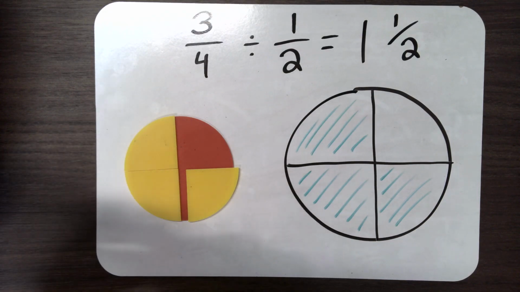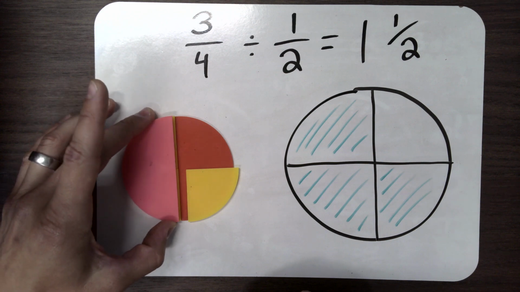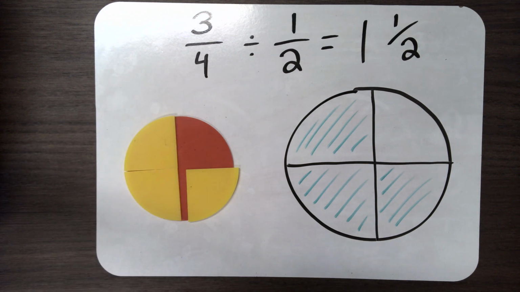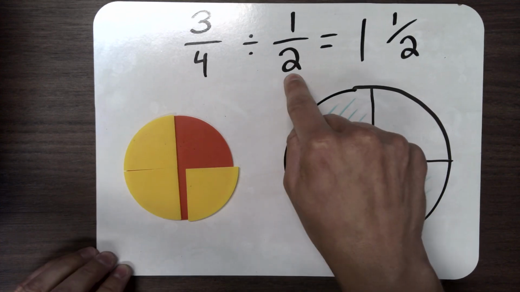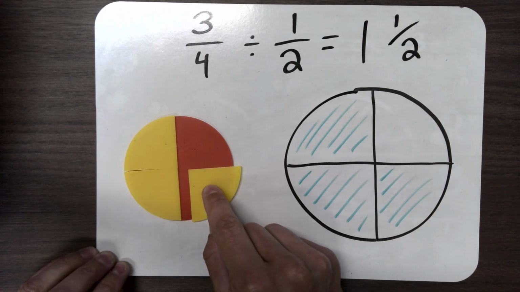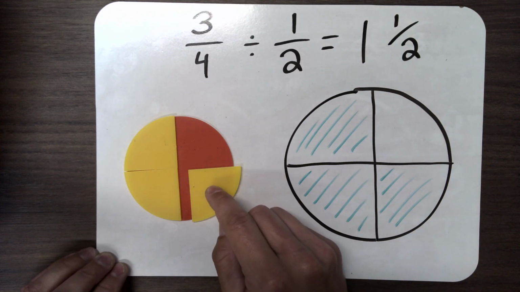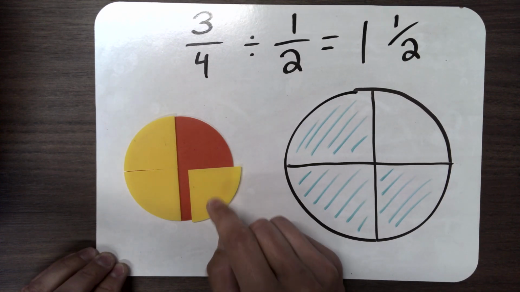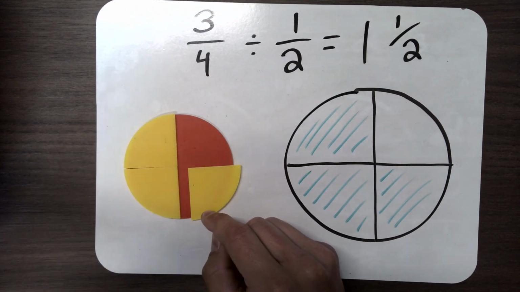That's equal to a half of that whole circle. And if we wanted to, we could leave this half on there. I'll just leave it off so we can see the fourths. So this is one group that has a size of a half, and then I have this piece left over here. We need to interpret this as what portion of a group of 1/2 this piece is. We have these same size parts over here that created this group of 1/2.